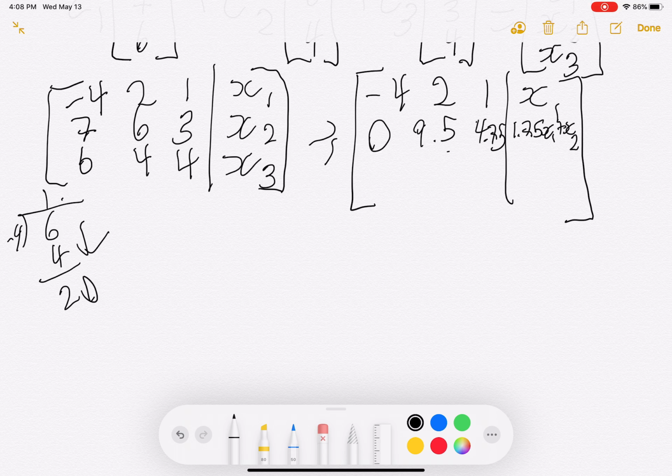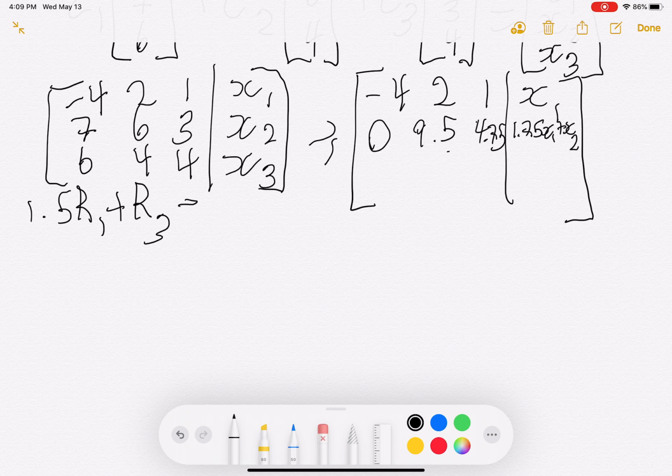Okay, this isn't that bad. So negative 2.5. So we don't have to multiply by negative actually. We can just multiply this top row again. So what we can do is multiply row 1 by 1.5 and then add to that row 3. And changes go to row 3. So let's do that. So this becomes 0.